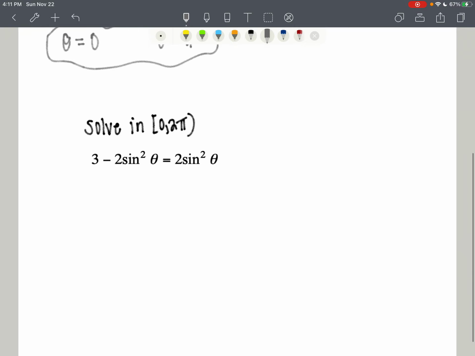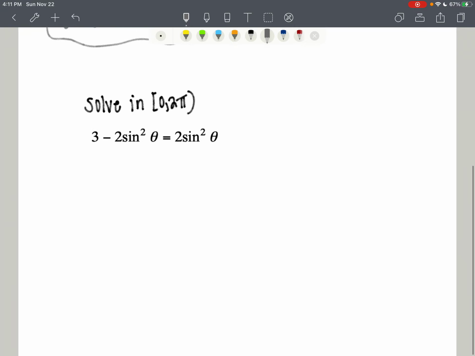Let's try another where we've got that exponent of 2 on our trig function. 3 minus 2 sine squared of theta is equal to 2 sine squared of theta. Now we have sines in both of our terms, and we have the same angle.